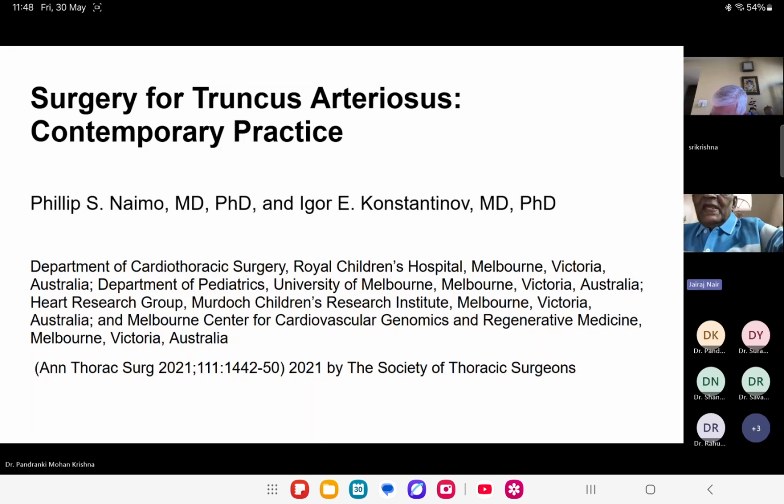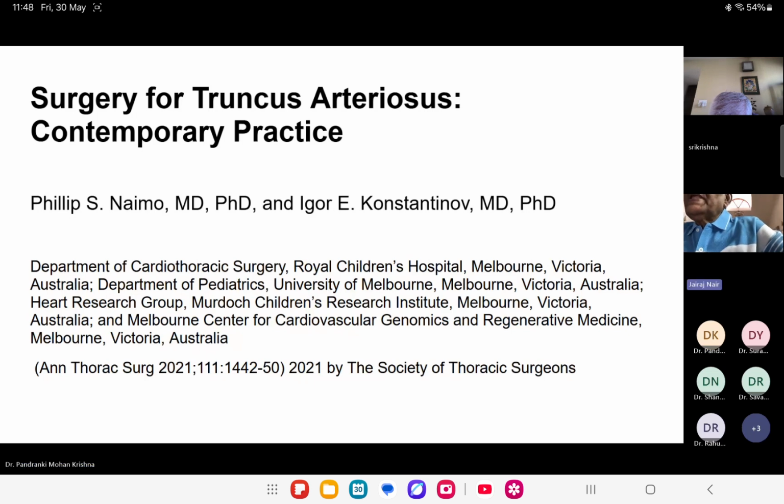Apart from that, the most important thing here is the greatest risk factors in surgery for truncus arteriosus. One, truncal valve regurgitation. Number two, the association of interrupted aortic arch, usually type B, which is about 10 to 20%.